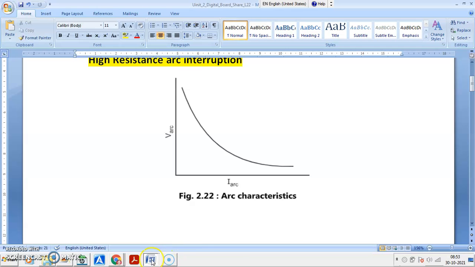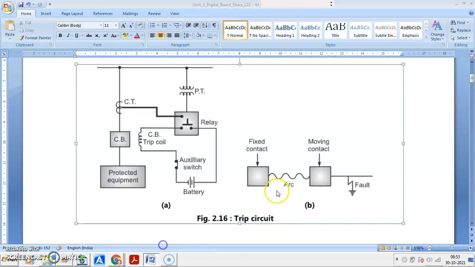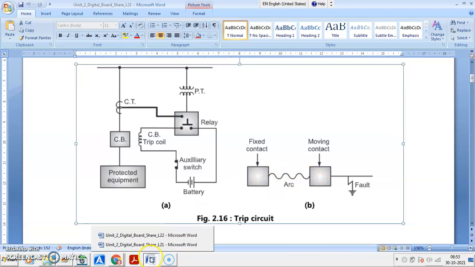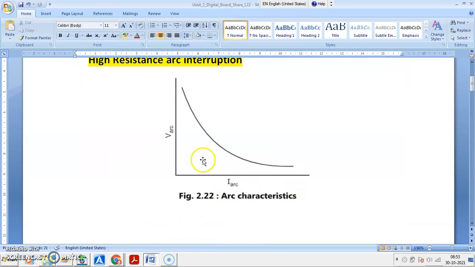Again, if you measure the voltage across these two points between fixed and moving contact, that is V arc, and the current flowing from fixed contact to moving contact is I arc. Have you understood what V arc and I arc are? Yes, sir.